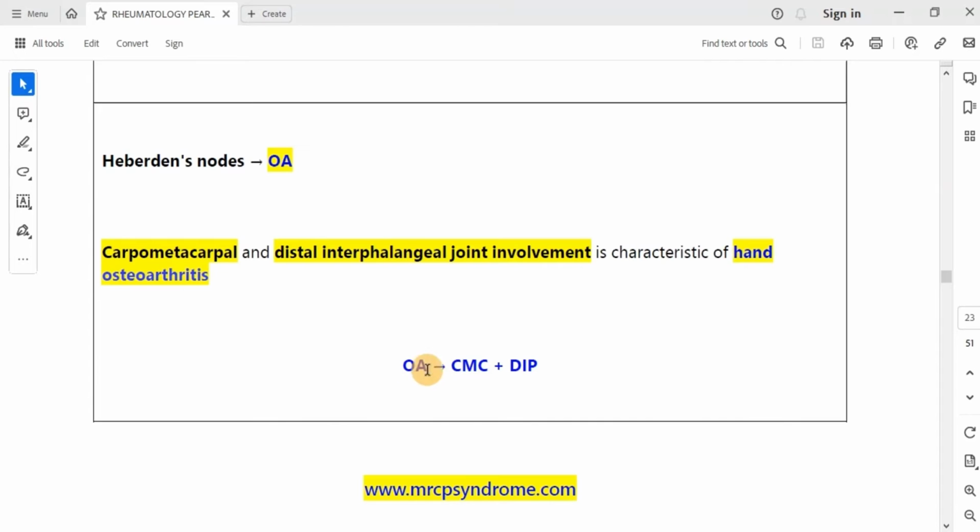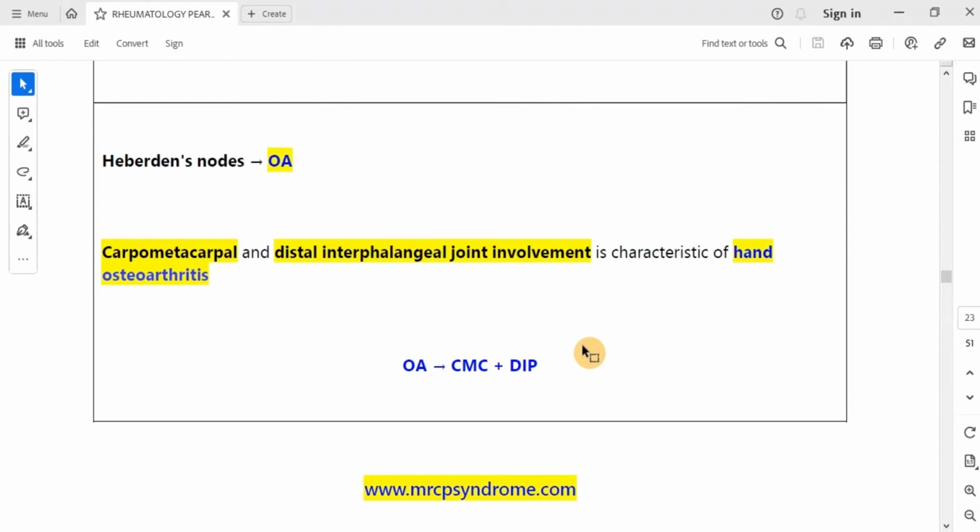So in osteoarthritis, the CMC and DIP joints are most commonly involved. In rheumatoid arthritis, the PIP, proximal interphalangeal joint, and the MCP joints are more commonly involved. Rheumatoid arthritis usually does not involve the DIP joint. If the DIP joint is involved, then rheumatoid arthritis is excluded.